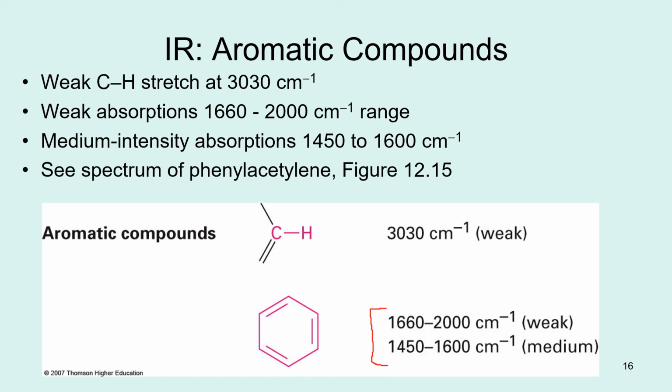Around 1660 to 2000, we'll see some kind of a stretch that'll indicate the benzene ring. And this is going to be similar: if you've got a CH stretch where the carbon is double bonded, it's going to be just slightly above 3000. So let's look at an example of that.